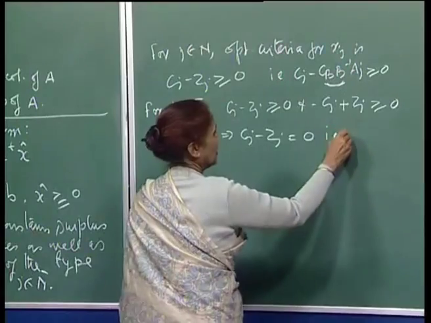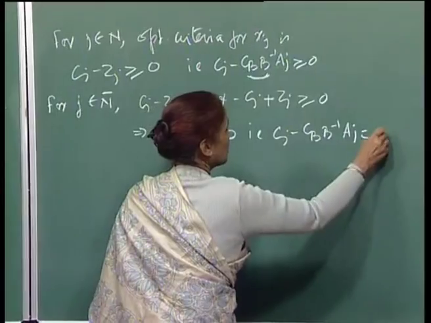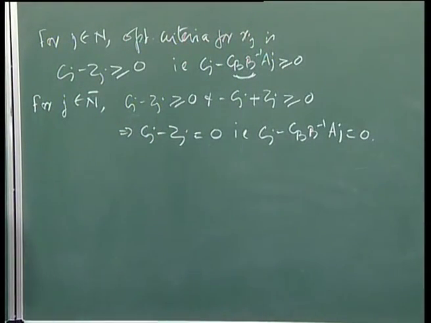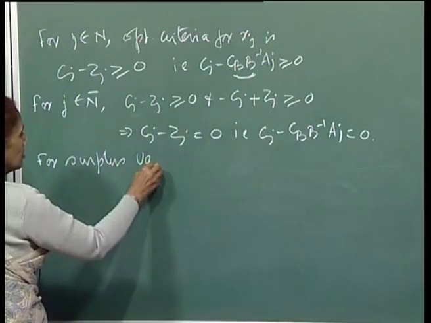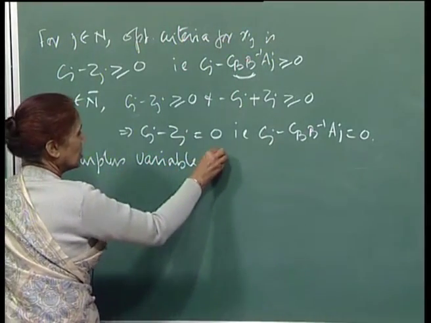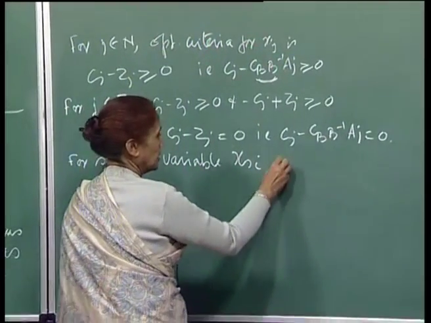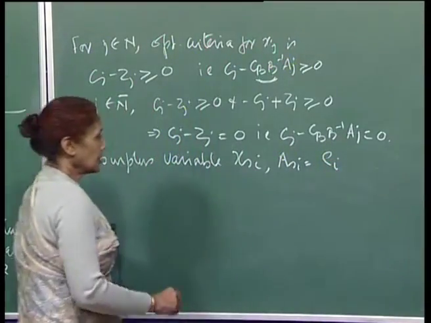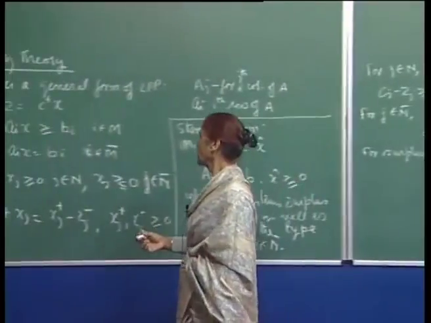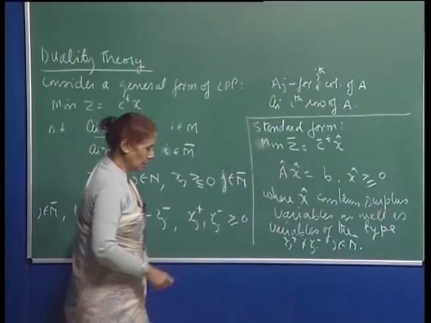So, for all j belonging to n bar, my optimality condition is that Cj minus Zj is 0, that is Cj minus Cb B inverse Aj is 0. Okay. Now, consider a surplus variable xsi, what is the corresponding column? Your asi is nothing but minus ei, because you have added a surplus variable to the ith constraint, for i in m.